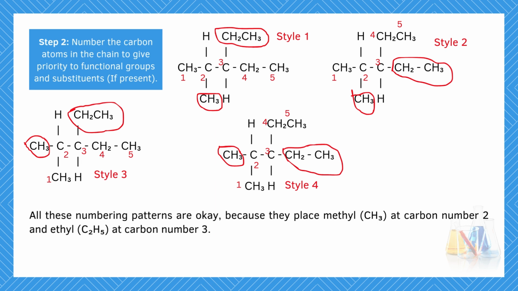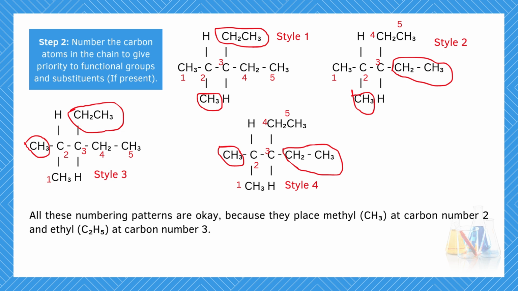Now if you check all my styles of counting, number 1, 2, 3, and 4, all those parts that have been circled in red are not part of the parent chain for each style of counting. And remember, if a carbon atom is not part of a parent chain, automatically it becomes a substituent or a branch. So you can see in each style of counting, methyl is part of it, ethyl is also part of it.